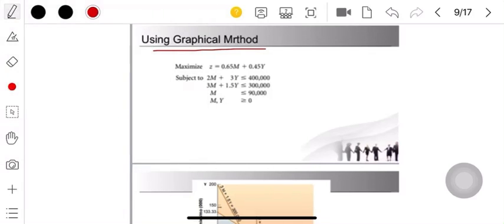Suppose this problem is given: maximize 0.65m plus 0.45y.